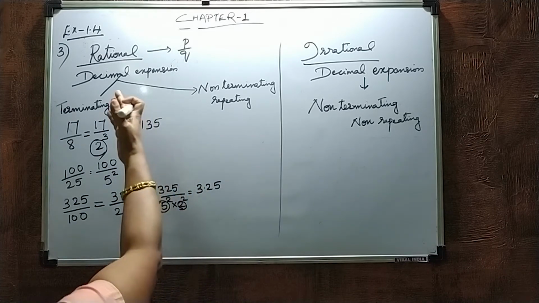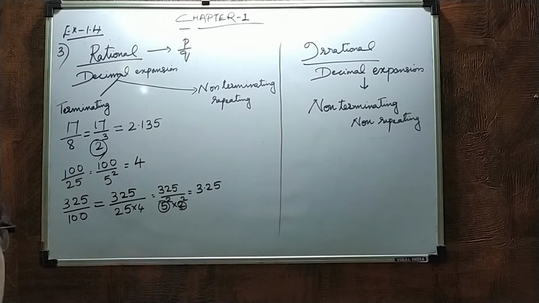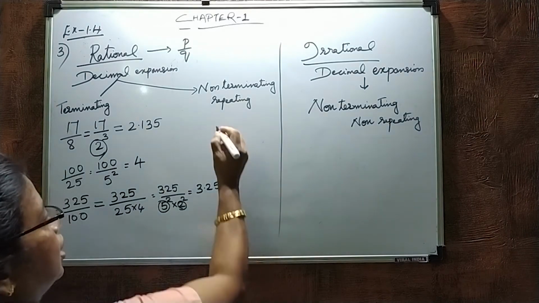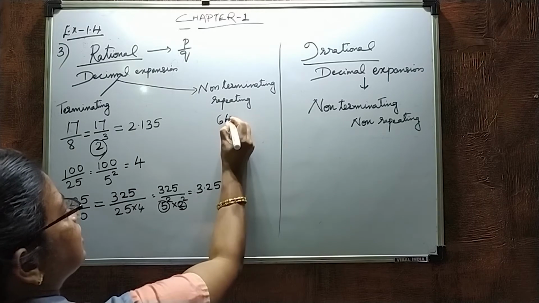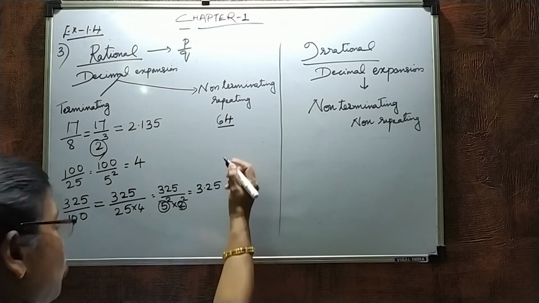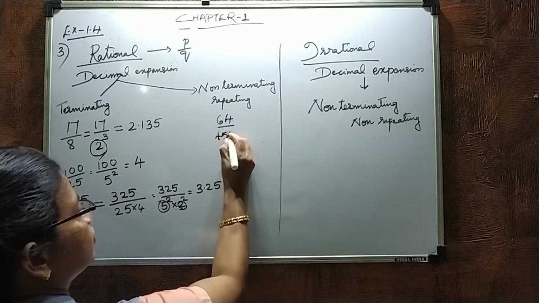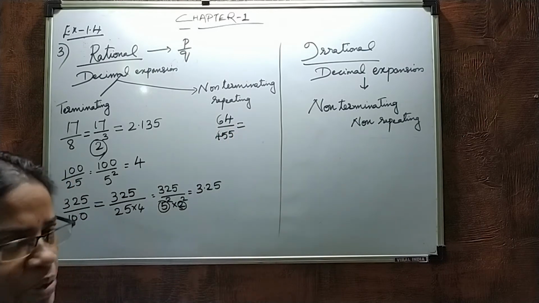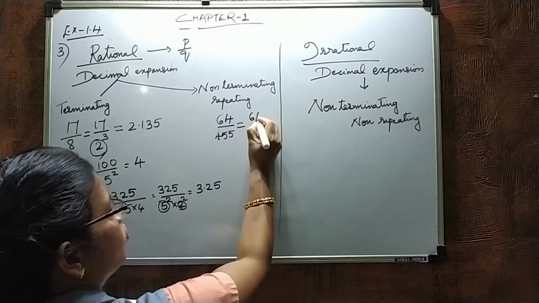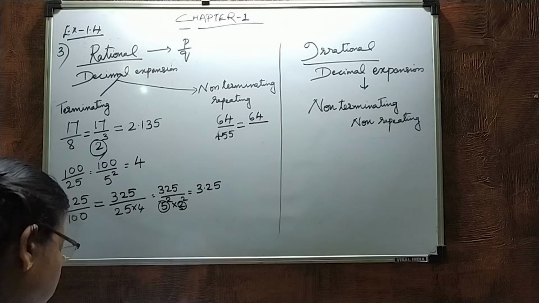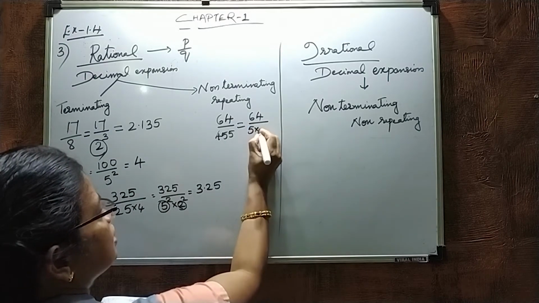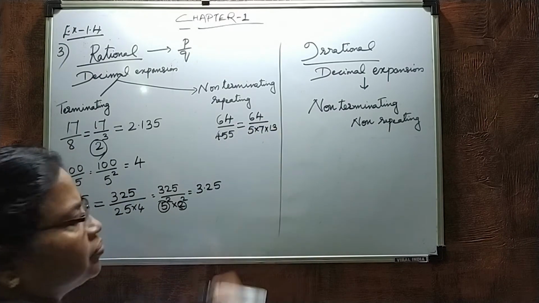What would the rational numbers non-terminating repeating mean? I will give you another example now. It is from the textbook. 64 by 455. And this can be written as 64 by 5 into 7 into 13.